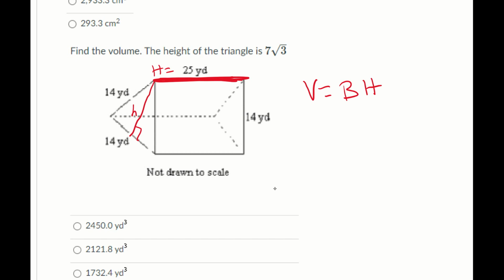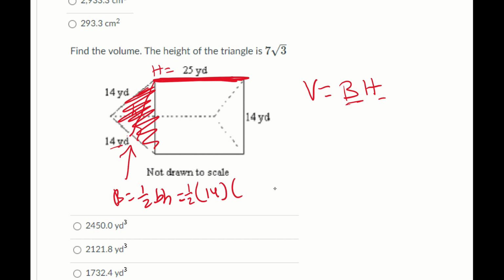Now the area of this cross section, this triangle here, is 1/2 base times height. So capital B is 1/2 base times height, little b, little h. And now you know why I use capital B, capital H. The little b is 14, so 1/2 times 14, and then the little h is the 7 square root of 3.